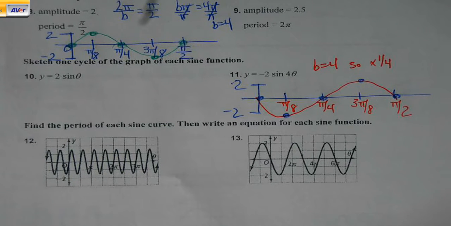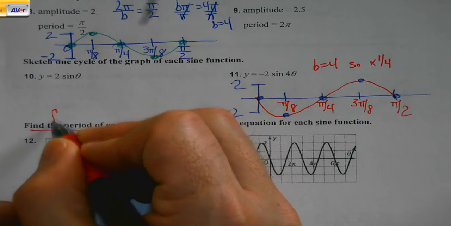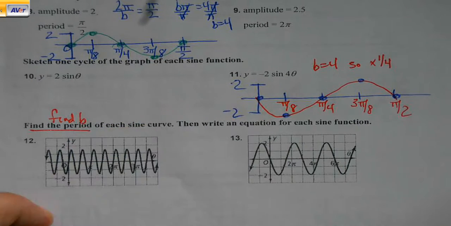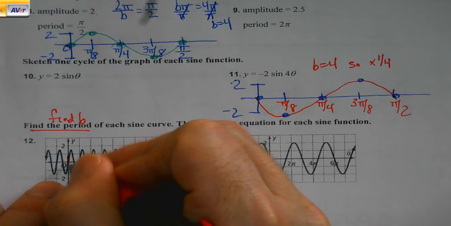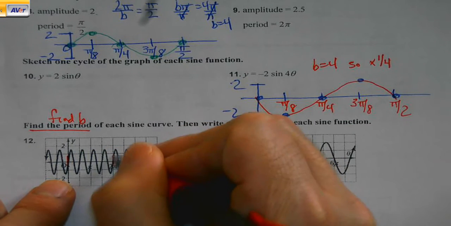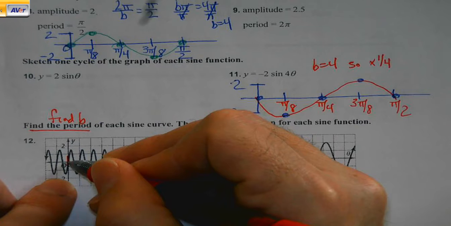So now, I look through here and I go, woo, 12 looks like fun. Find the period of each sine curve, okay? So first, before we can find the period, we need to find B. So here I notice, okay, here's 0. Here's 2 pi. How many cycles do I do?